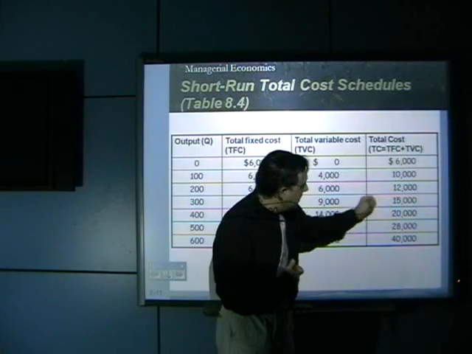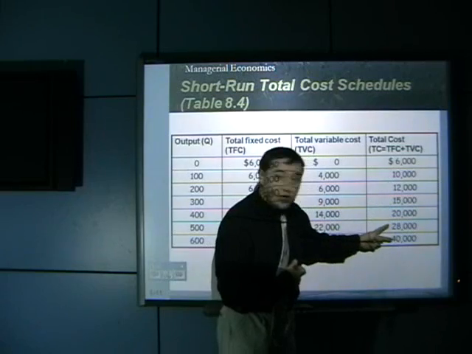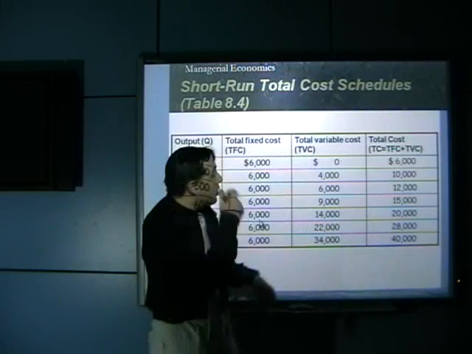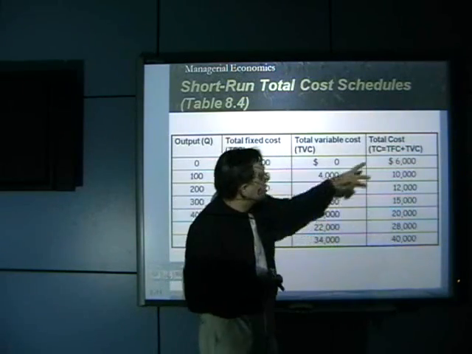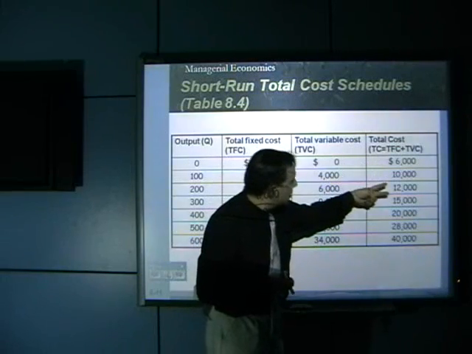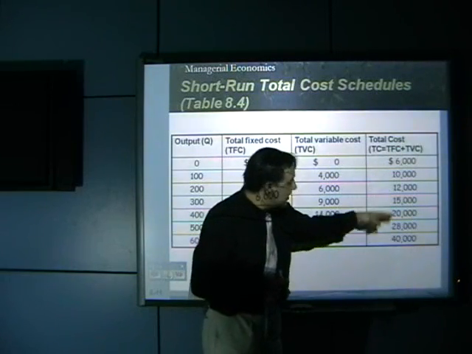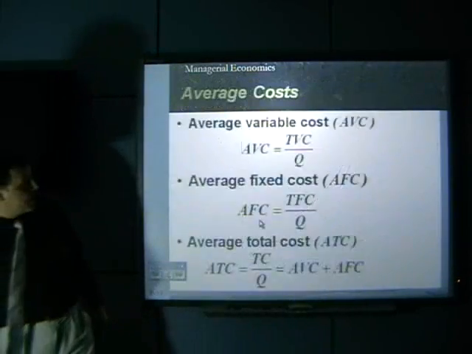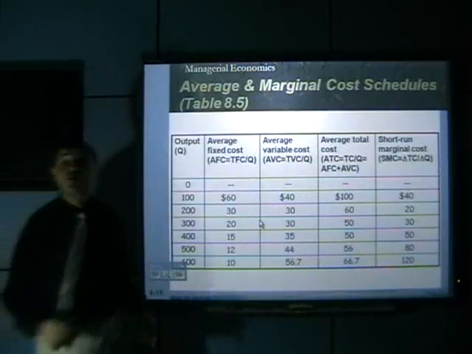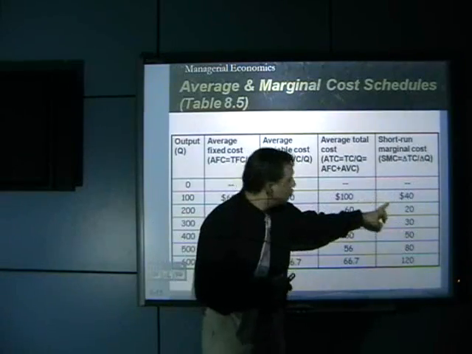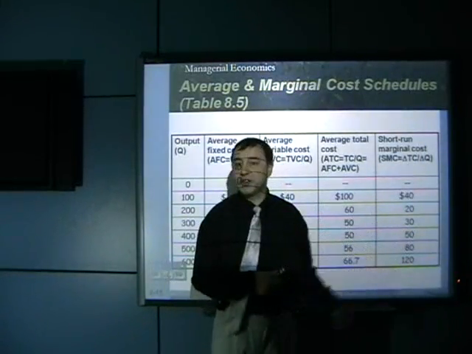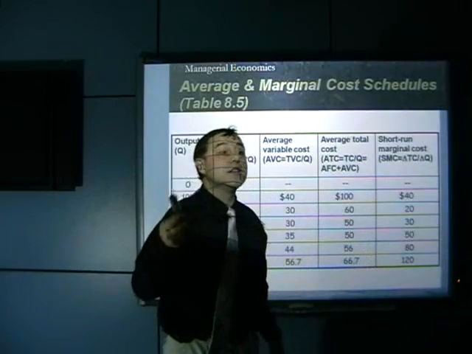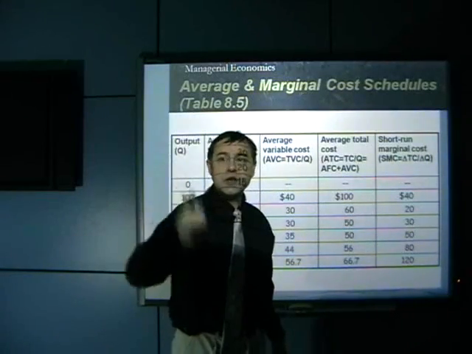Then 50, 80, 120. So let's try to remember the numbers: 40, 20, 30, 50, 80, 120. Now let's scroll back and see if we got the numbers right. 40, 20, 30, 50, 80, 120. Alright? Is it clear how we look at those things?